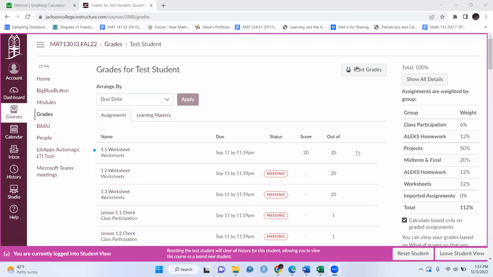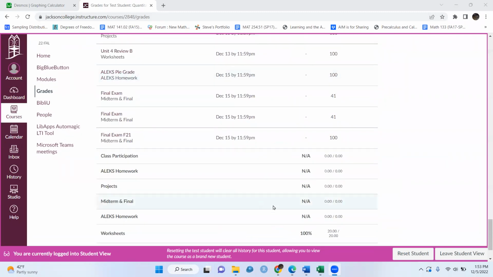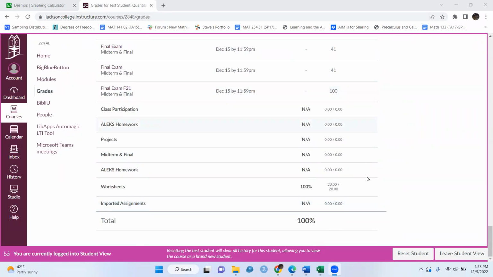So there's a nice little spot that shows this. So what you want to do, here I went to grades and you can see I just have missing and zeros for everything. So if you scroll all the way to the bottom, you'll see the percentage out of each assignment.